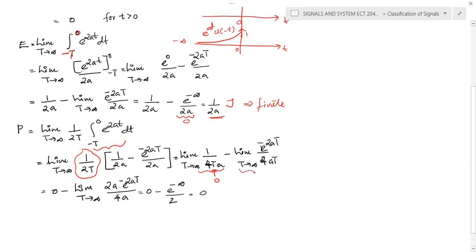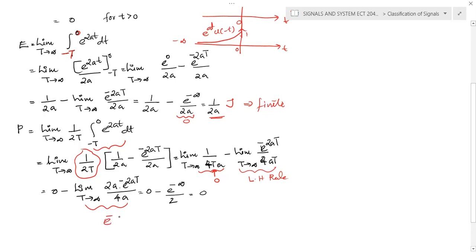And the next portion, I need to apply the L'Hospital rule, because in order to apply the t tending to infinity rule, we need to take the derivative of the numerator and the denominator. So you'll get this particular term. If you compare this term, there is only one t term, which is at the numerator, which is e raised to minus.